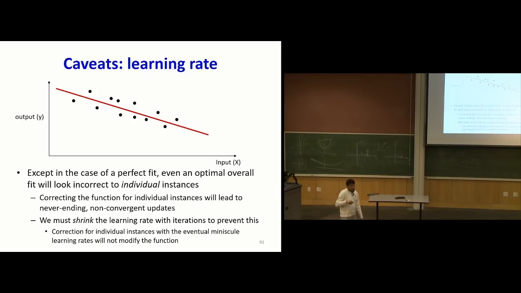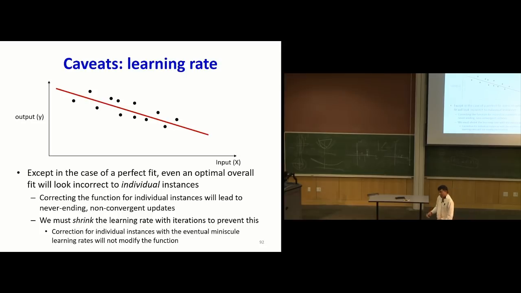So now if I begin going through this and I begin incrementally correcting this line for every training instance, then I would go here, push this line up, go here, push this line up, go there, push the line up. I'm going to keep continuously adjusting for the individual training instances. Will this ever converge and actually give me the line? Not really, right?